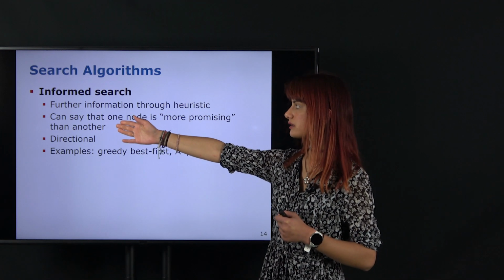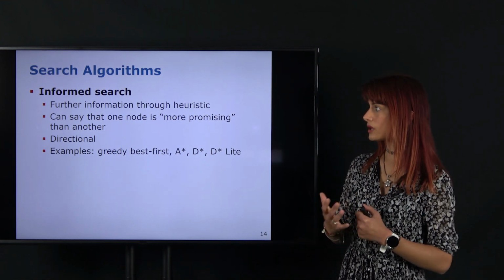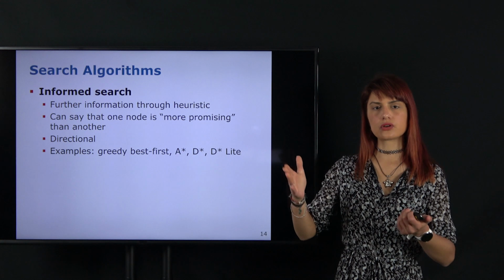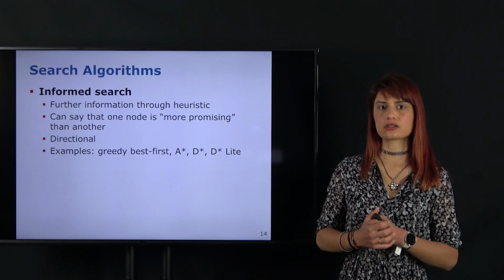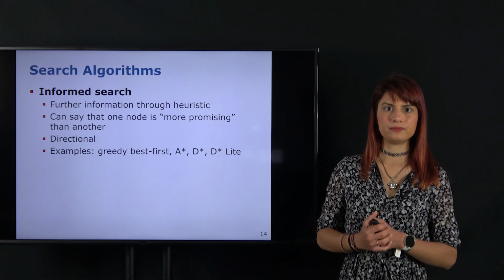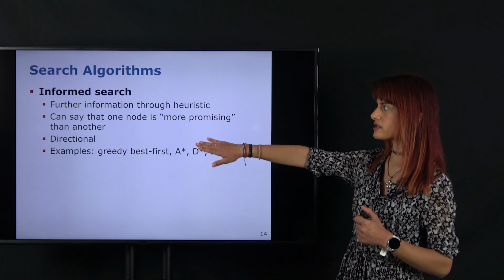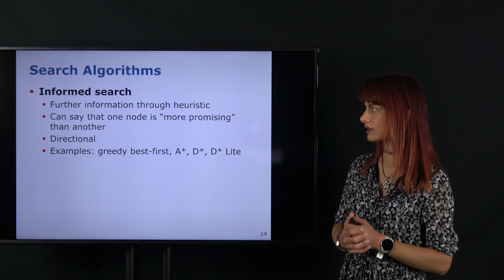So when we look at the nodes that are currently on our open list, we have the capability to say that one node from this list appears more promising than the other based on a particular heuristic or a particular intuition. And we'll look at different ways of formulating this mathematically further on in the lecture.